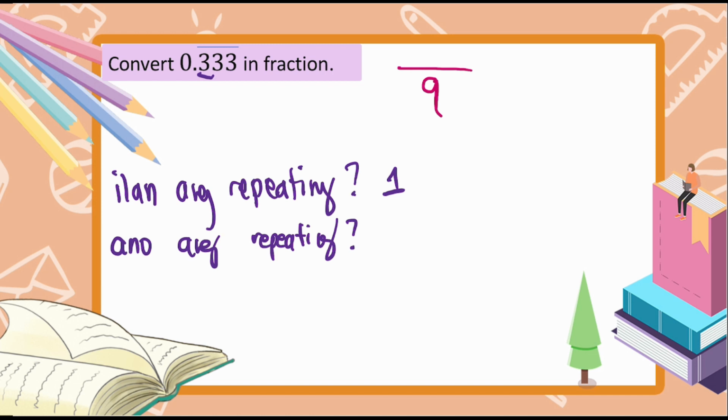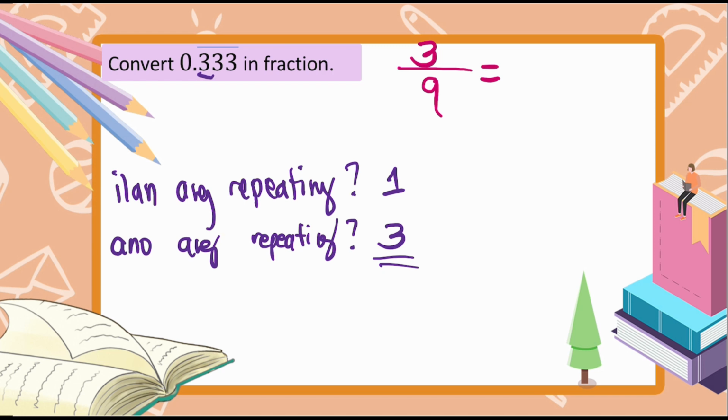Okay, so ano naman daw yung nagre-repeat na number? So, yung nagre-repeat natin na number ay 3. Okay? So, yung repeating number natin na 3, yun ang ating gagawing numerator. Okay? And then, just get the lowest term.